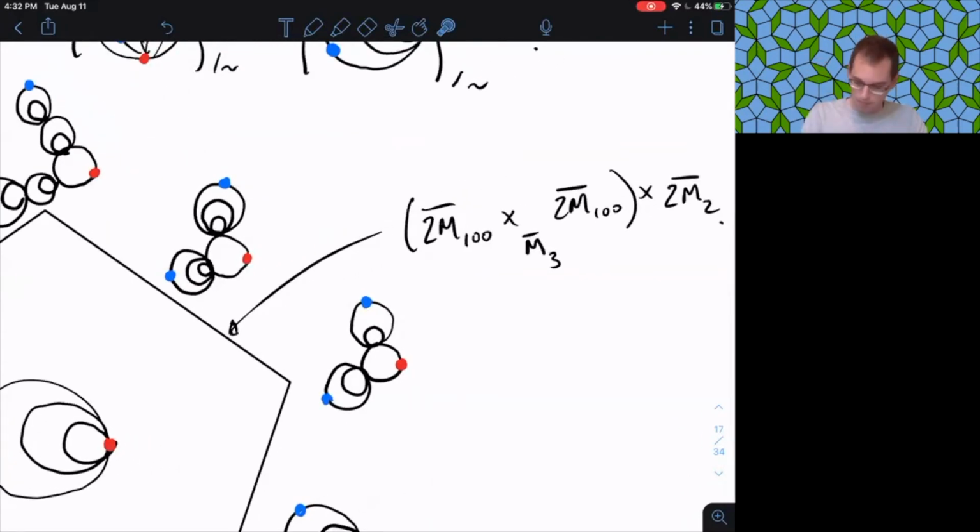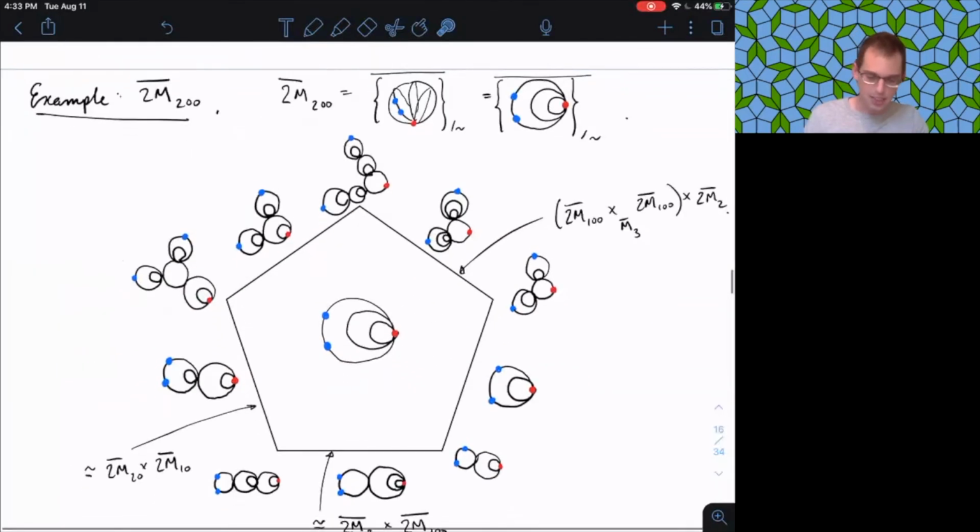But the spoiler is that you still do get a decomposition of this edge in terms of 2-associahedra, but this time it's not a product, it's a product of fiber products. As we'll see, there's a sort of forgetful map from 2-associahedra to associahedra. And we get 2M_2 bar for the main component times this fiber product of two copies of 2M_{1,0,0} bar, but with this fiber product condition.